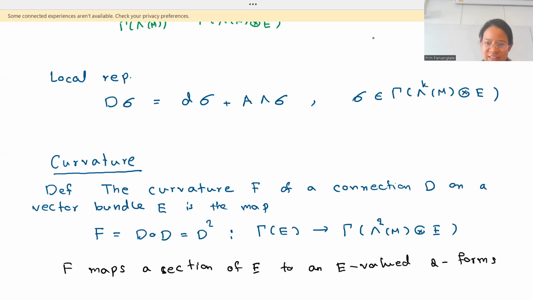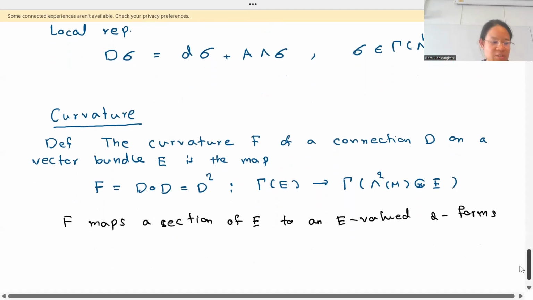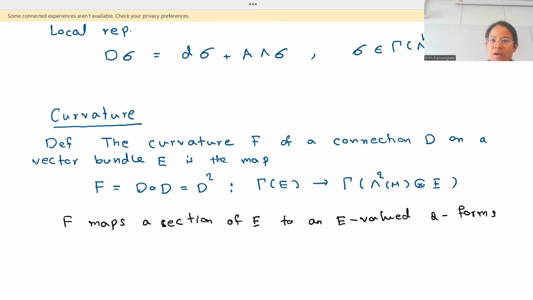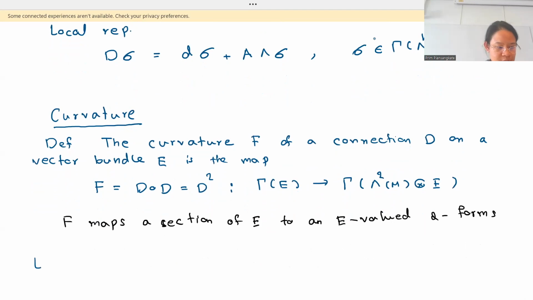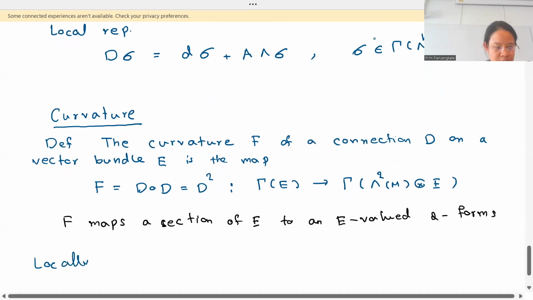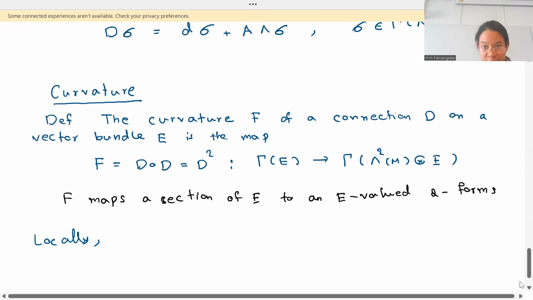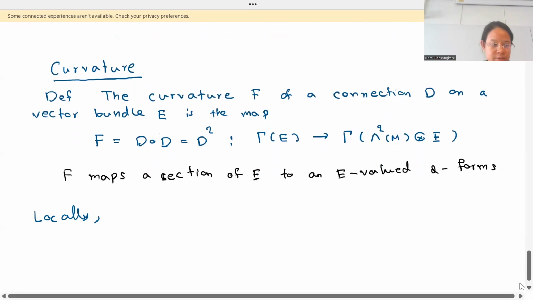Okay, so now let's look at the local expression of F. So locally, by locally I mean with respect to a local frame field.